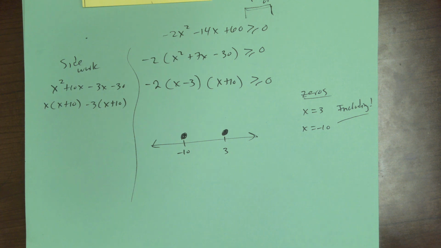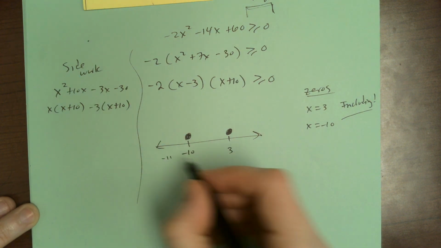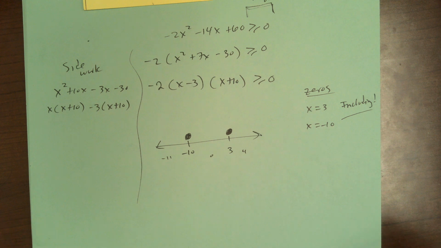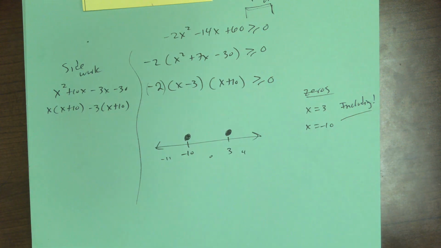And I'm going to do testing points now. I'm looking for a different color, but I don't see one. So for testing points, I'll pick negative 11, I'll pick 0, and then I'll pick 4. Now when I'm doing the sign test, I'm going to have all 3 of these.